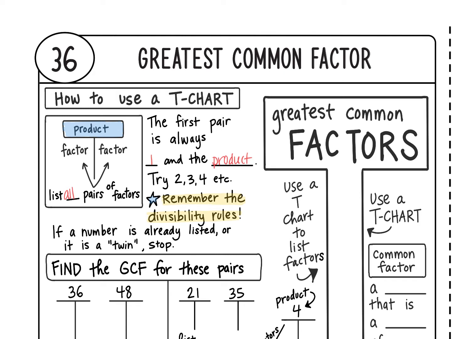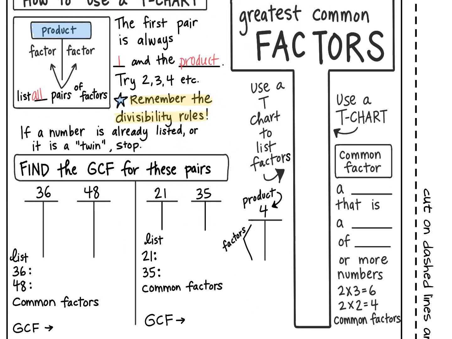And so you use a T-chart to list the factors. For example, we just went over 4. And 4, if you recall, was 1 times 4 and 2 times 2. These are the factors of 4.